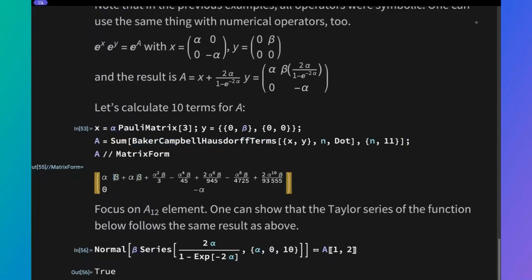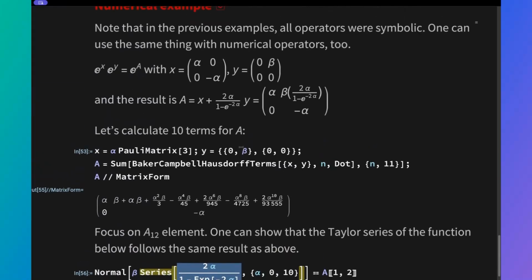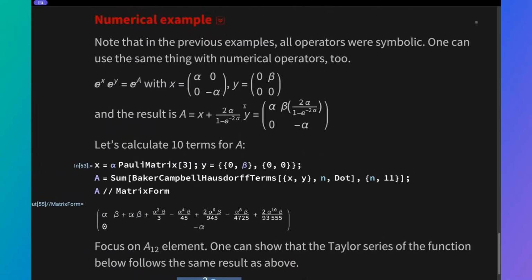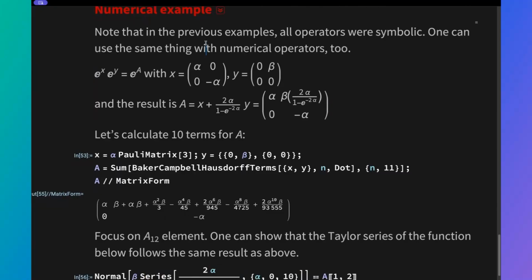As I told you, the story here is that you get a series, and then you have to ask, what is the function representing that series? In this case, this fancy function is a representation of that series. The main reason that I'm showing you this numerical example is this: for simple cases, of course, it's trivial. You can take care of exponential terms and do all those calculations.